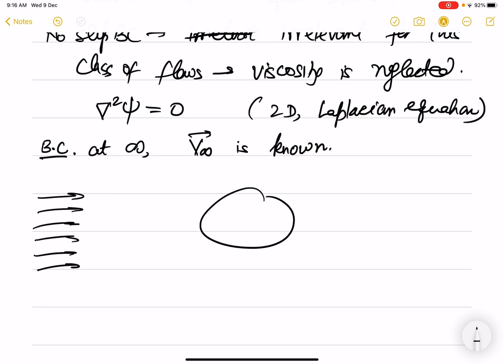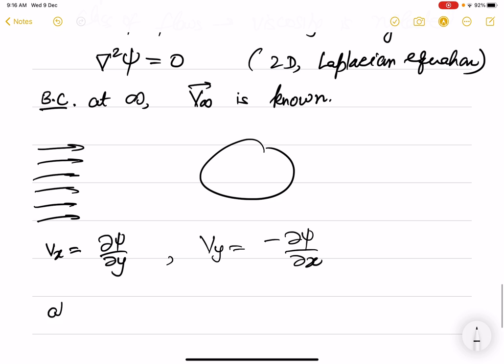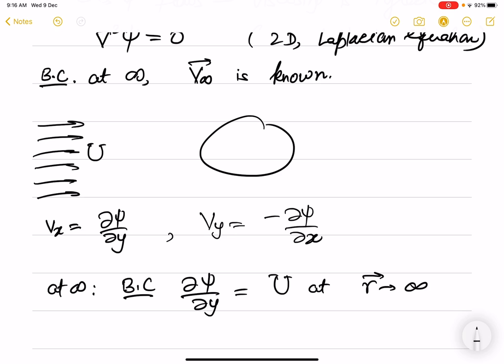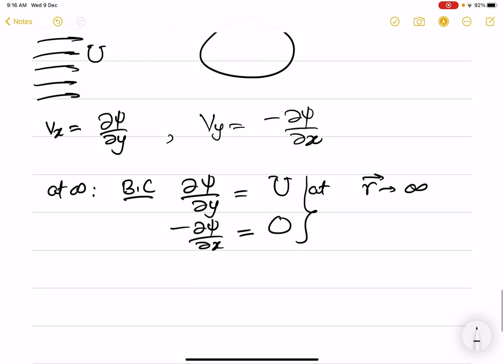If we look at velocity, Vx is equal to partial psi by partial y, and Vy is equal to minus partial psi by partial x. So here at infinity, if Vx is equal to capital U, the boundary condition will become partial psi by partial y is equal to capital U as r tends to infinity, and Vy is 0, so minus partial psi by partial x will become equal to 0. So this is the boundary condition we will get.